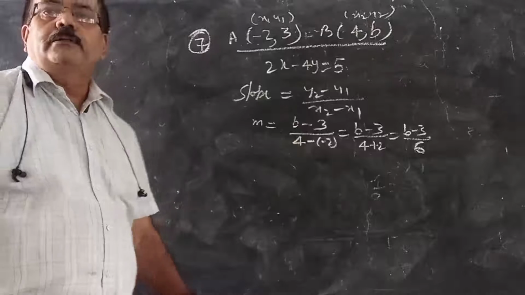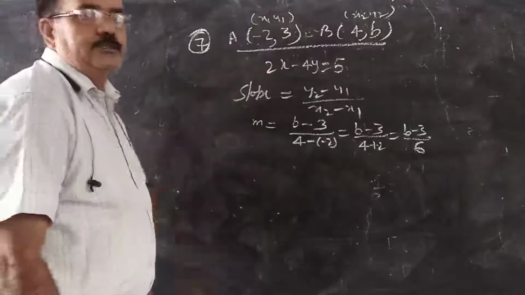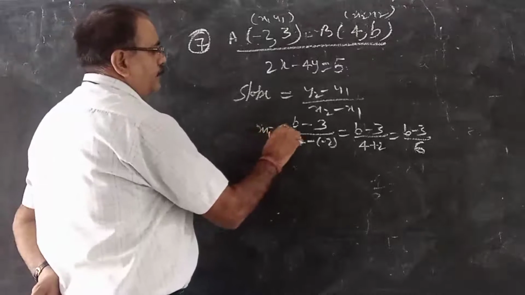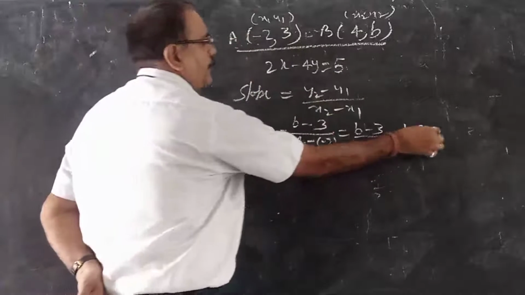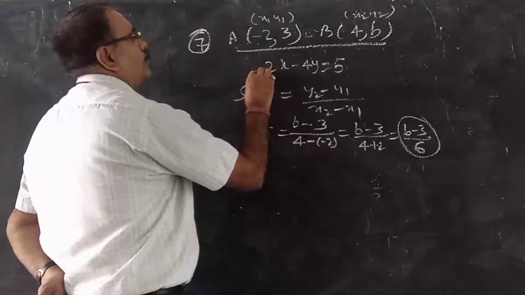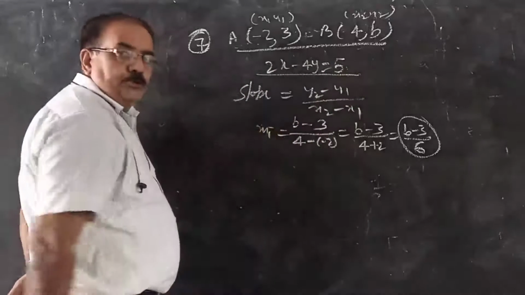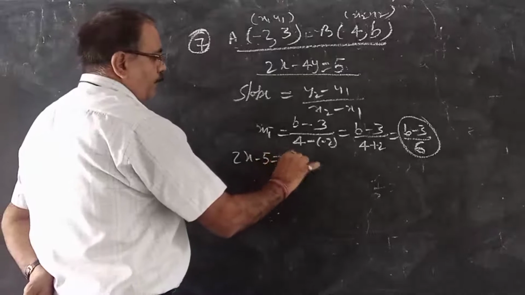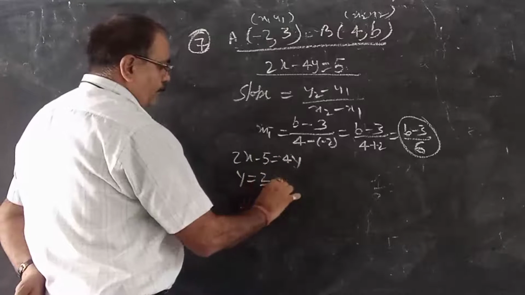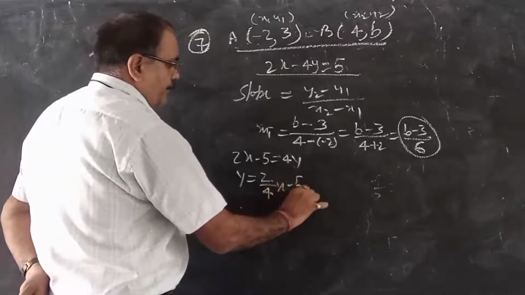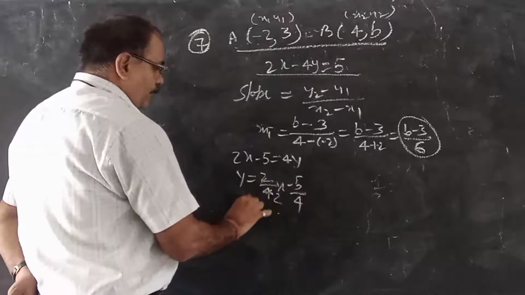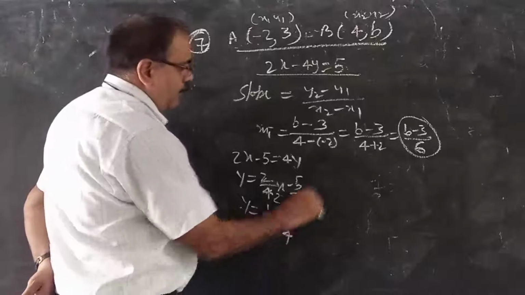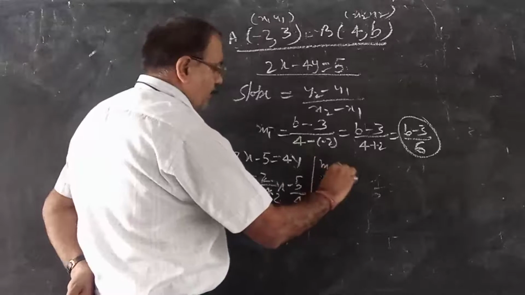Now what is the slope of the line? Let this slope be m1, which is (b - 3)/6. Now let the slope of this line be m2. To find the slope, 2x - 5 = 4y, so y = (2/4)x - 5/4, which cancels to y = (1/2)x - 5/4. So the slope m2 is 1/2.